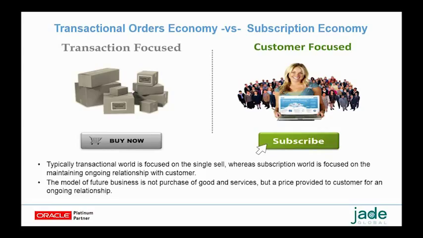In the subscription world, everything happens over a period of time with different levels of complexity. So in a subscription world, it's not that you buy the product up front. You actually are provided a facility to use the product, and you subscribe to that entitlement to use the product over a period of time. And there are different complexities on what happens because there are things that could change over that period of time that you're using it.